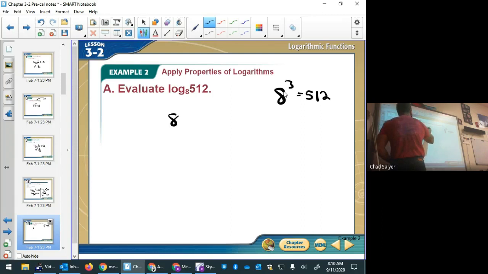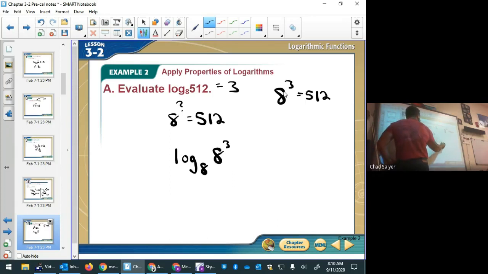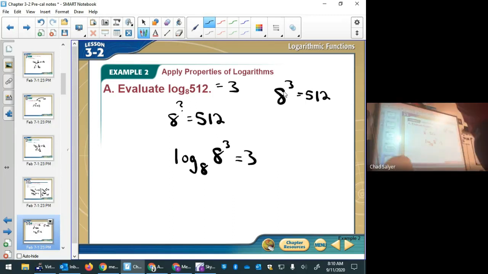So this asks us this question. And we see that that answer is, of course, just 30. So I could equivalently write this as log base 8 of 8 to the 3rd power. That's how they want you to apply those properties we just learned.